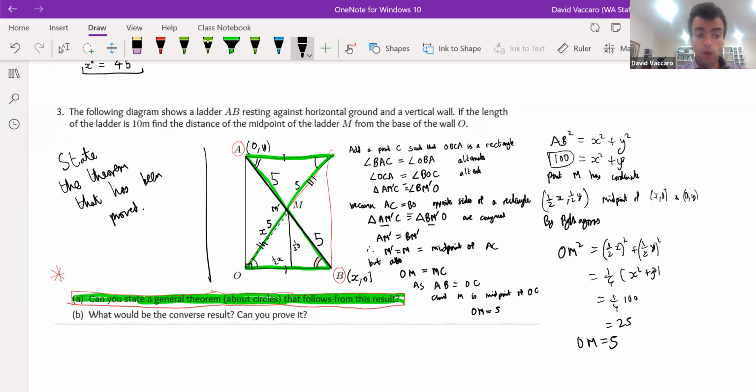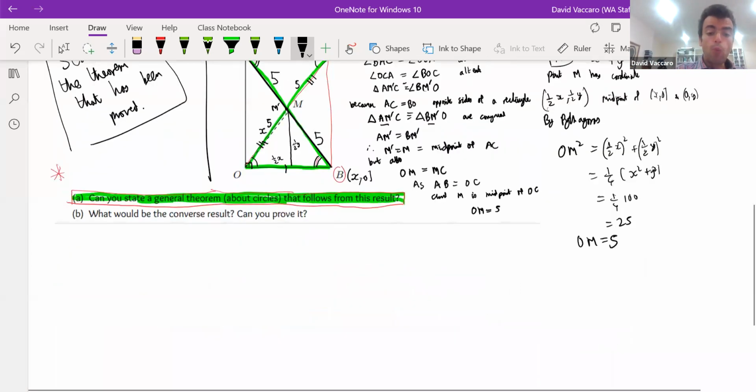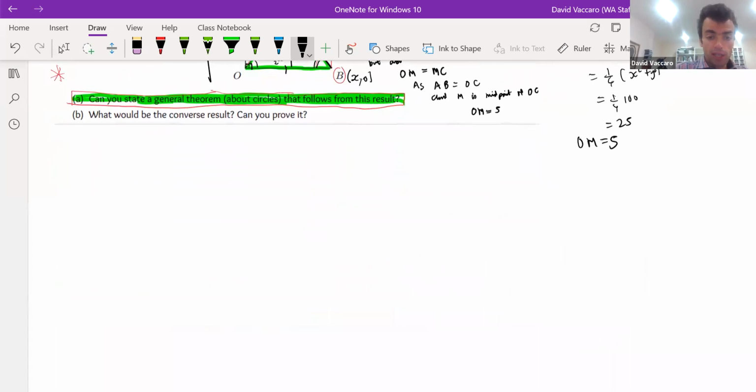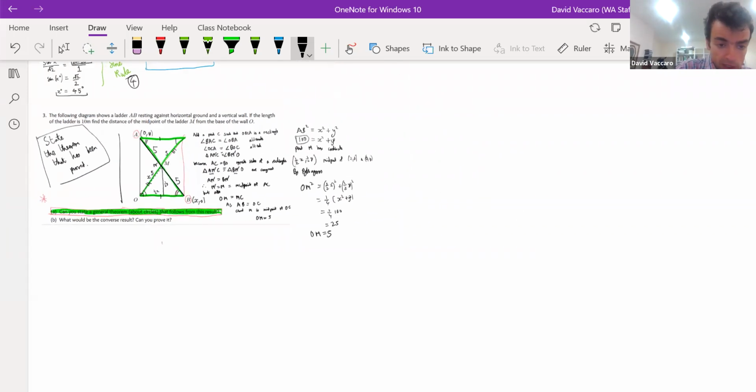Ask any questions if you've got any, and then make a statement about how you would summarize in words this result, that if I draw this right angle triangle AOB, then OM equals MB equals MA.